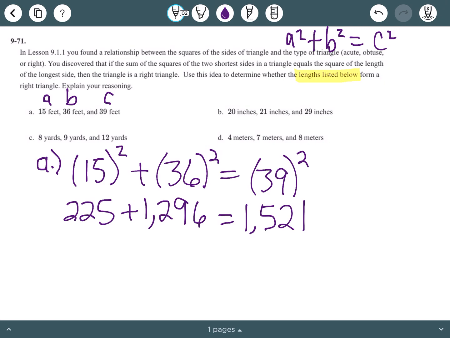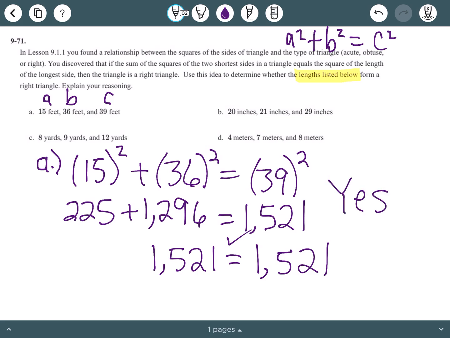So 225 plus 1,296 gives us 1,521, which is equal to 1,521. Since they're equal, this means we do have a right triangle for part A. So yes, this is a right triangle.